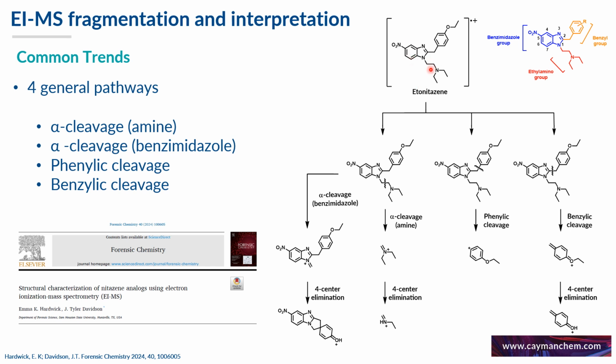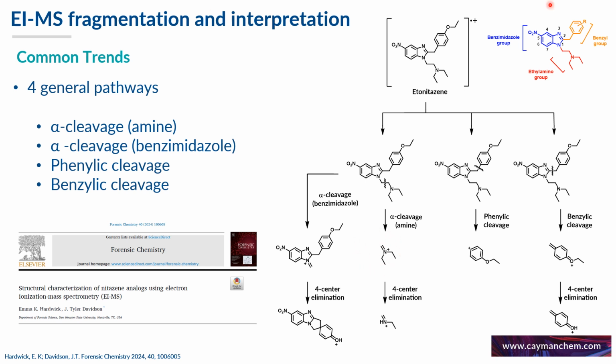Alpha cleavage that occurs between the bond from the benzimidazole and the ethylamino chain results in iminium ions. And those iminium ions can occur on the benzimidazole portion and the amine portion.